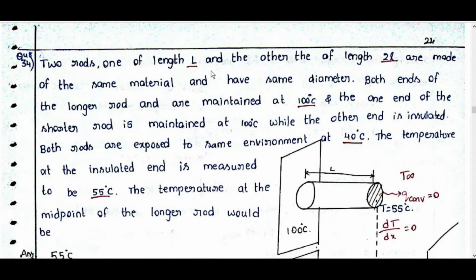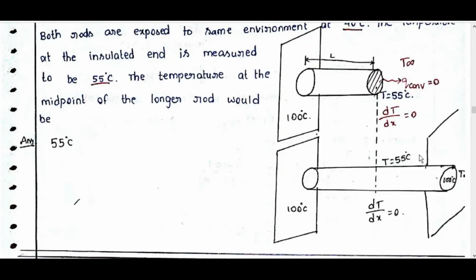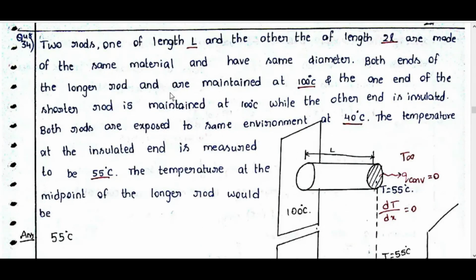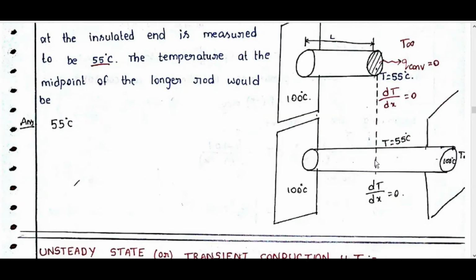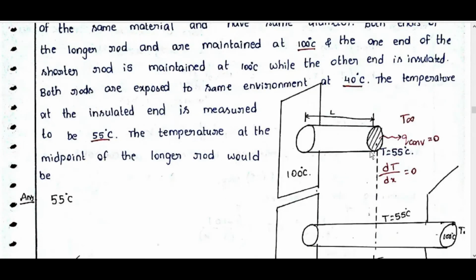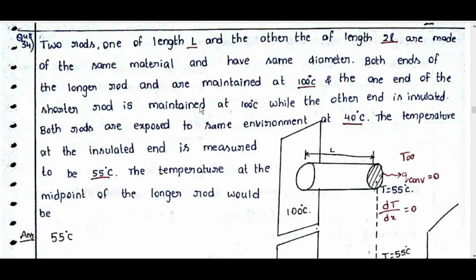Two rods, one of length L, the other 2L, at 100 degrees, 100 degrees. I think this is a previous ESE question. The temperature at the midpoint of the longer rod would be what?